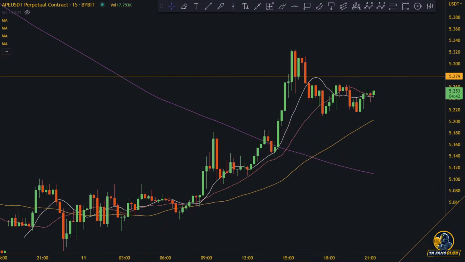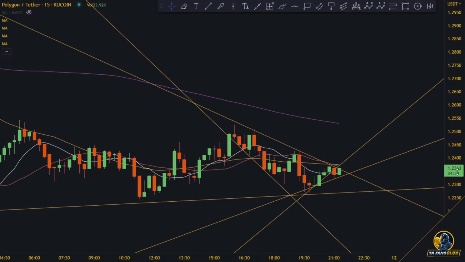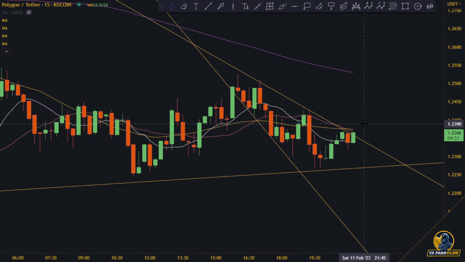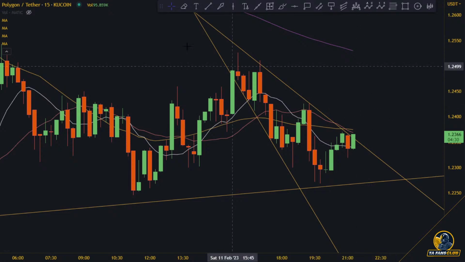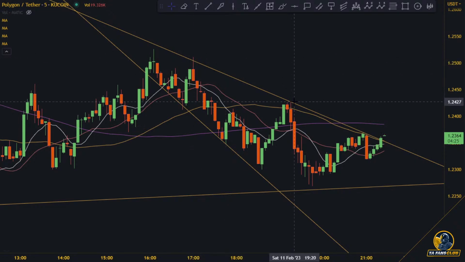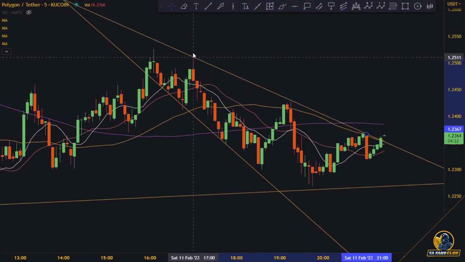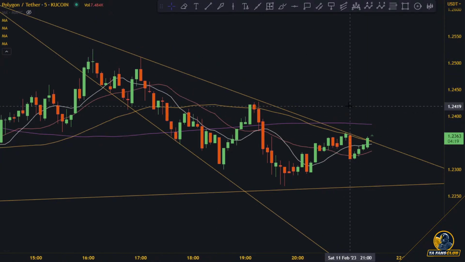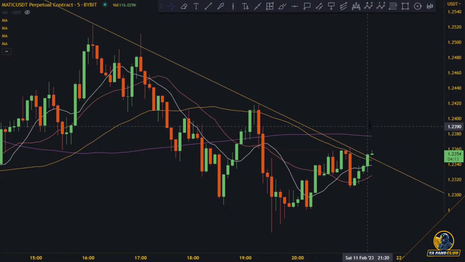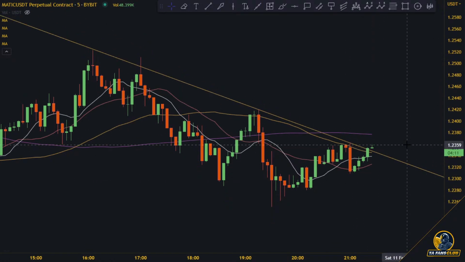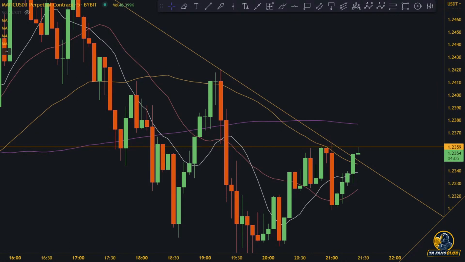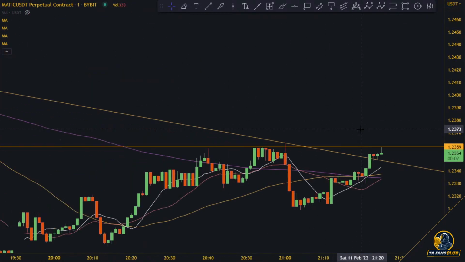Maybe still in some kind of option. Resistance up there. Might pull back. Let's see.